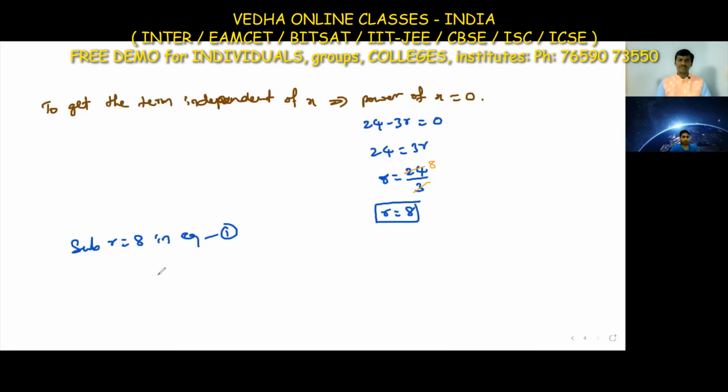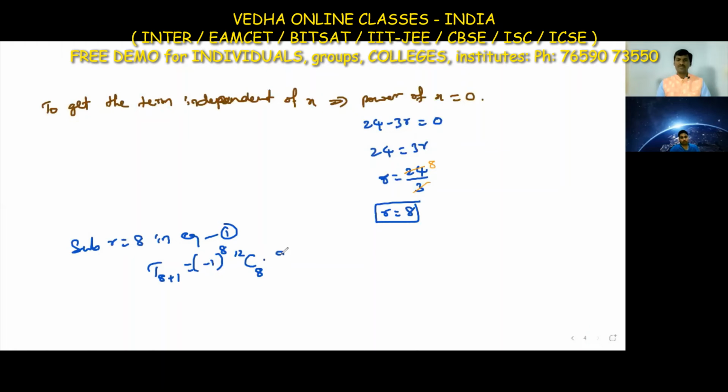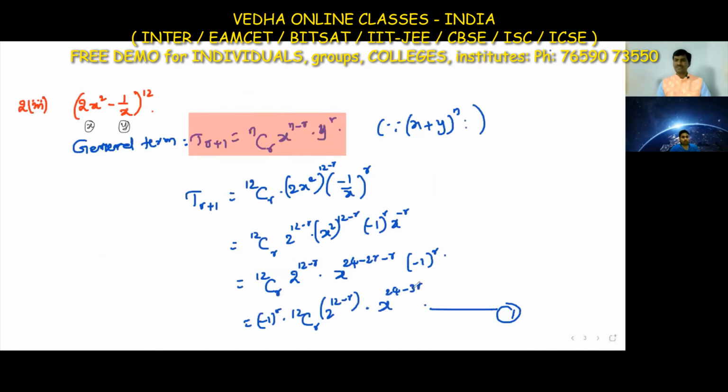Then T8 plus 1 is equal to minus 1 whole power r, that means 8, into 12CR, 12C8, 2 to the power 12 minus r, 12 minus 8, into x to the power, when you substitute r equal to 8, 3 eights is 24. 24 minus 24 gets cancelled, so we get 0 here.